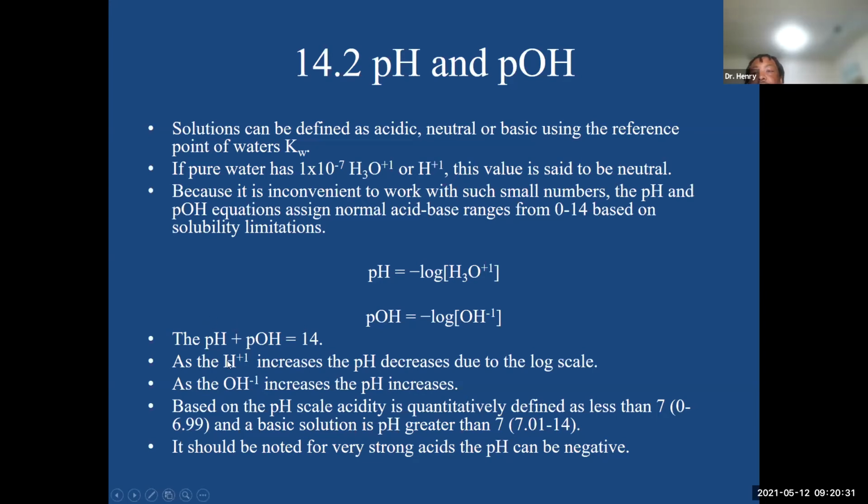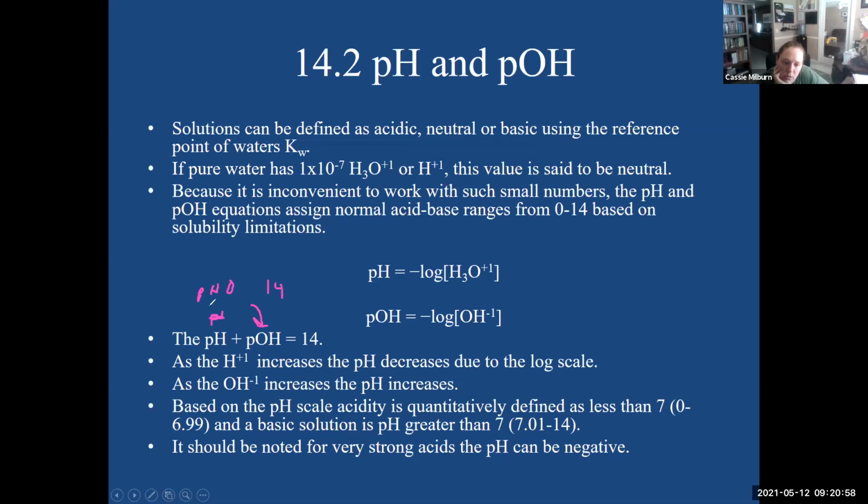So if we have a pH of 0, then we know that our pOH is going to be equal to what? 14. Okay? So in that case, all of the ions are H plus, and you don't have any OH minuses.